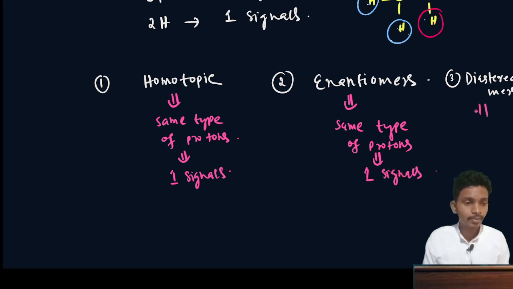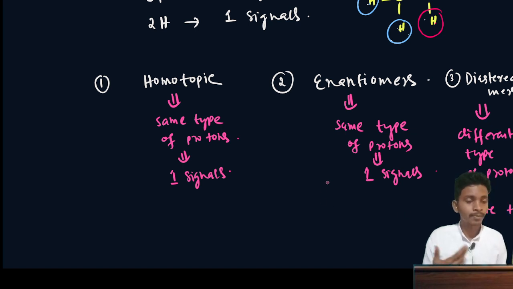And diastereotopic protons are different types of protons, and they give more than one signal. That means however many different types of protons there are, that number of signals you will get.